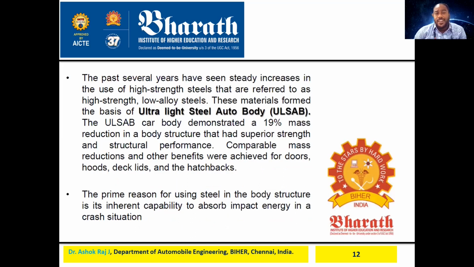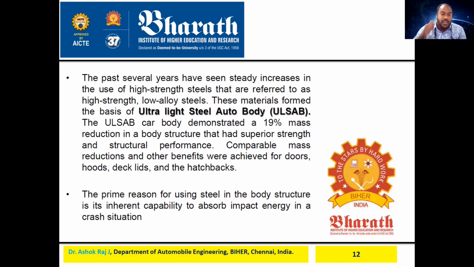The past several years have seen increasing use of high strength steels that are referred to as high strength low alloy steels. Those materials form the base of the ultra light steel auto body, called ULSAB, which showed a car body demonstration with 90% mass reduction in the body structure that had superior strength and structure performance.